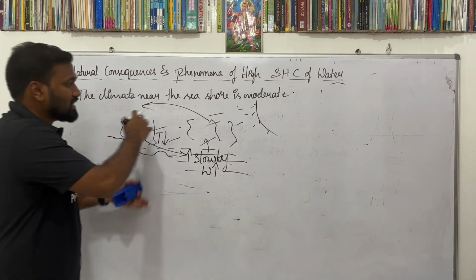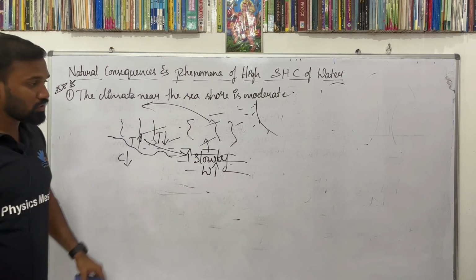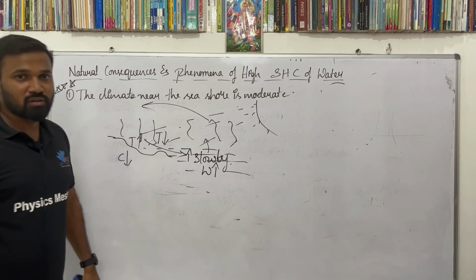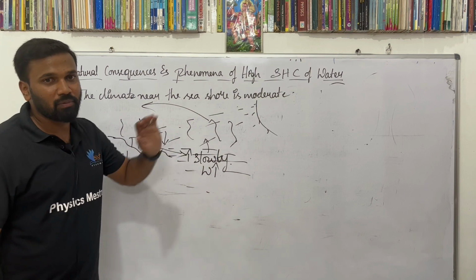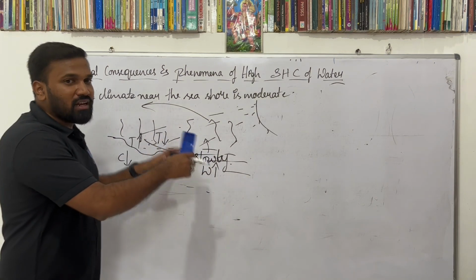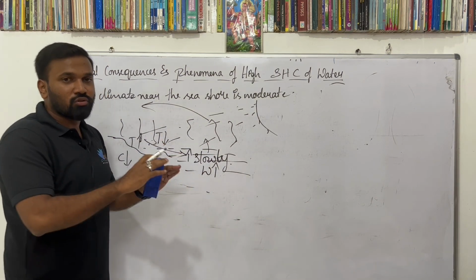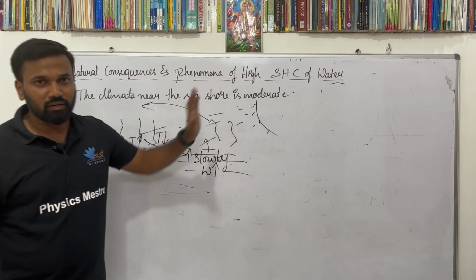So air currents happen due to the changes in temperature because of the high specific heat capacity of water. This will maintain the temperature in the seashore, and it will usually be moderate.